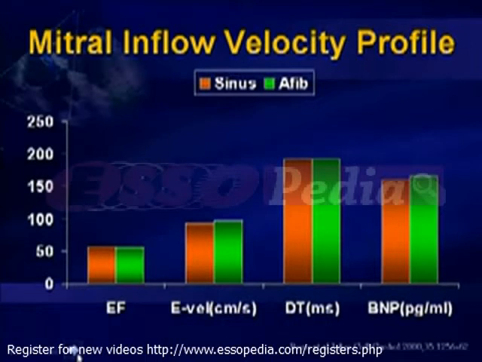If so, these changes in E wave velocity and reduction in deceleration time are minimal. We note in this study, those individuals in sinus rhythm in orange, atrial fibrillation in green, with similar BNP levels and ejection fraction, that there was no demonstrable change in the amplitude of the E wave velocity or the deceleration time.